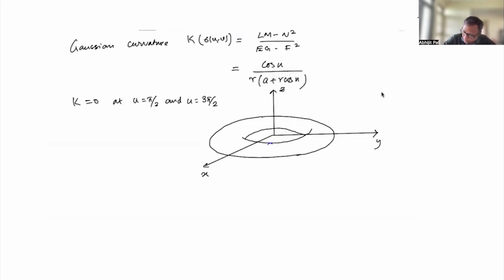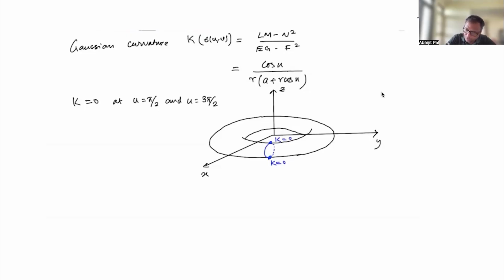If I take this circle, at u equal to pi by 2 we get these two points where K is equal to 0, and at u equal to 3 pi by 2 you get this point below where K is equal to 0.